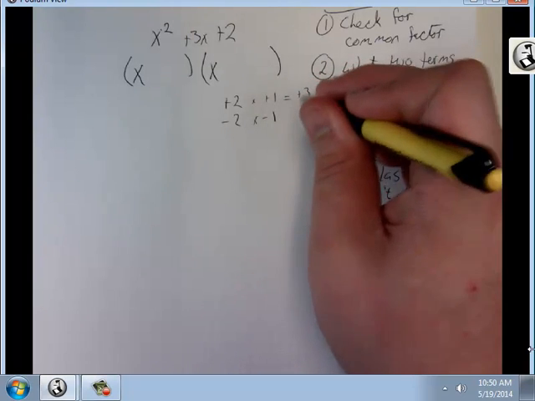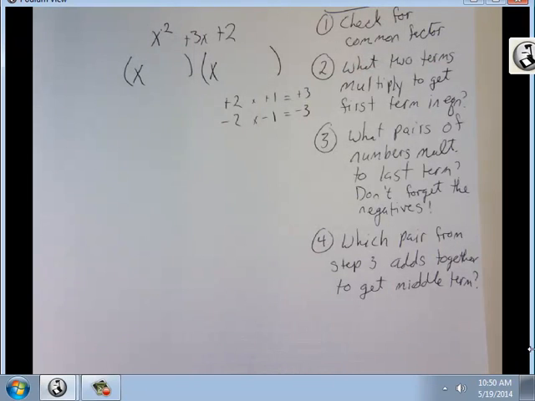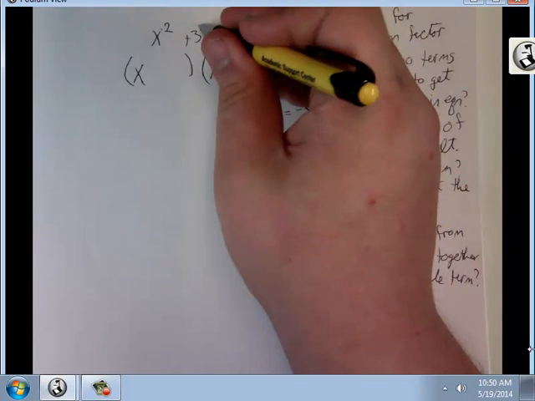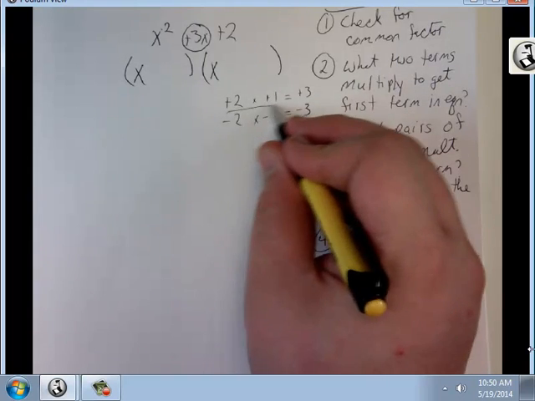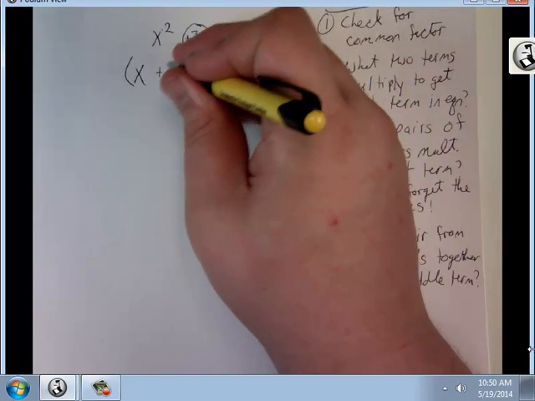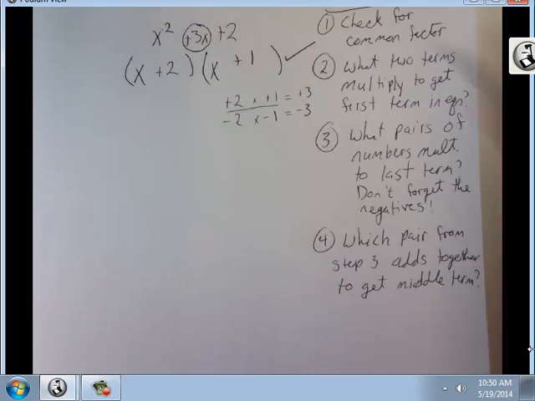Negative 2 plus negative 1 is negative 3. I want plus 3, so it's got to be these two. And I'm done. All there is to it. So we're going to do a few more examples of this, don't worry.